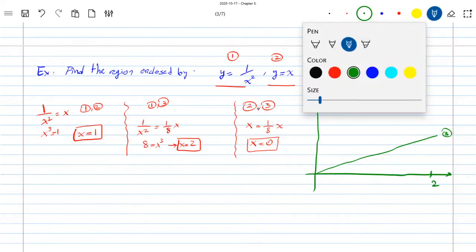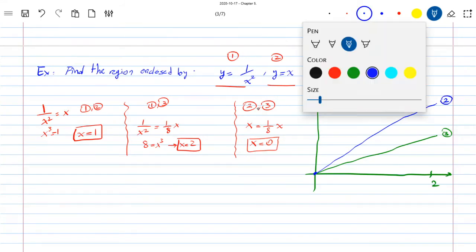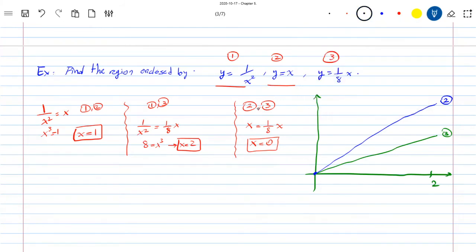And let me change colors. Curve number 2, y equals x. They intersect at 0. The lines 2 and 3 only intersect at 0. This is, say, curve number 2 and curve number 3.